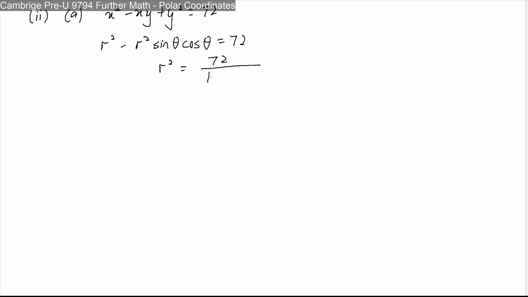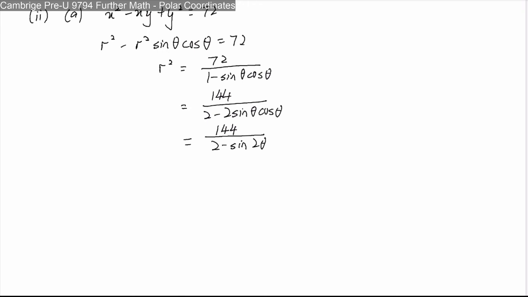So we have got 1 minus sine theta cos theta. Okay, so if we want to make it nicer, we can actually multiply by 2 for both numerator and denominator. The reason that we want to do this is we want to get something which is very similar to the expression that we have earlier. So you can see that here the denominator is actually 2 minus sine 2 theta.